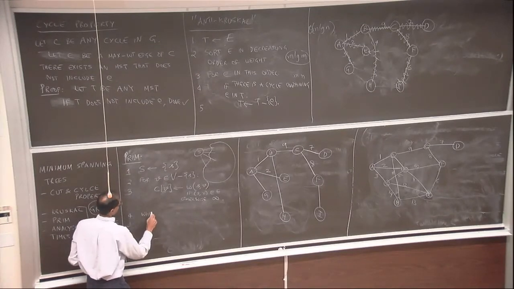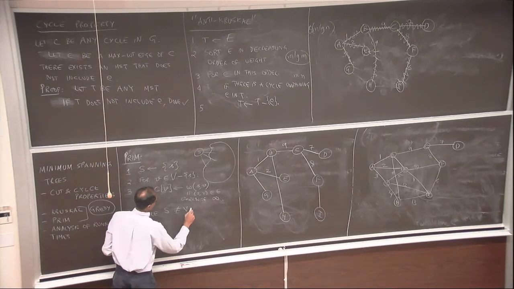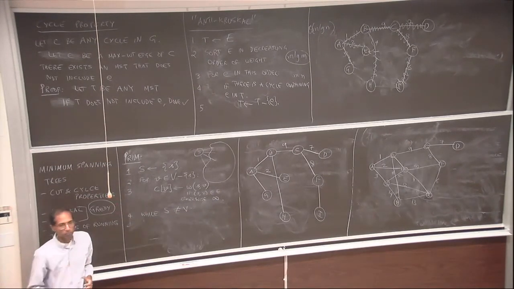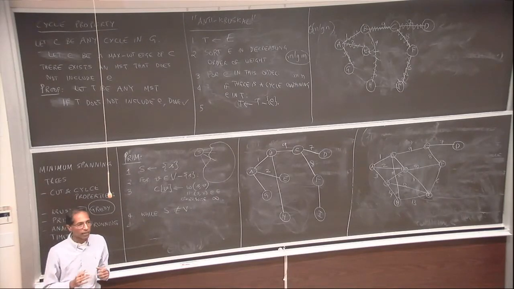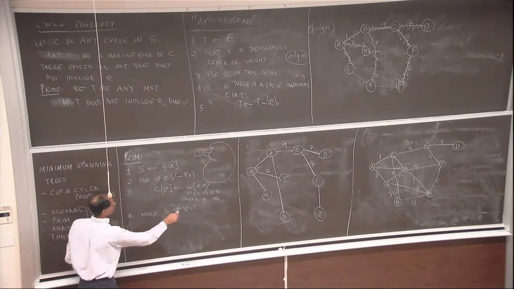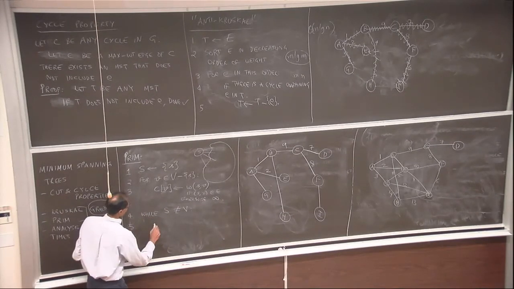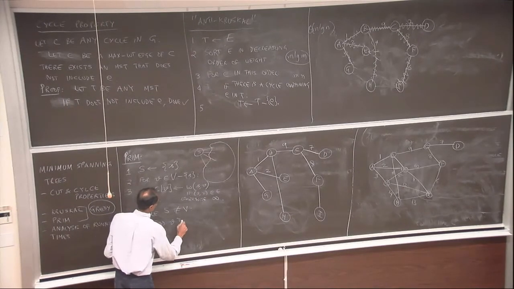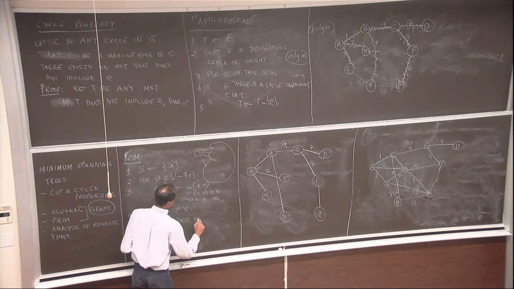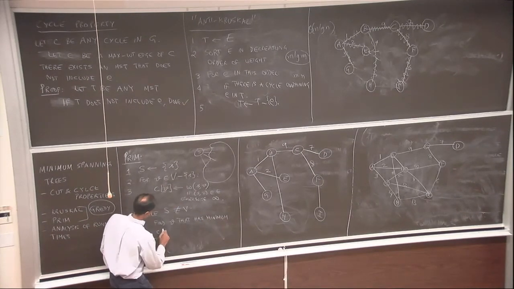So, while S is not the entire set of vertices, so you keep adding stuff as long as you have not yet connected everybody, find V that has minimum CV.